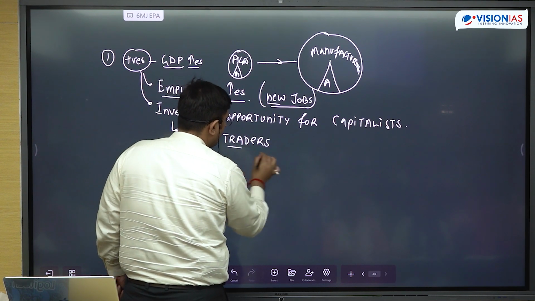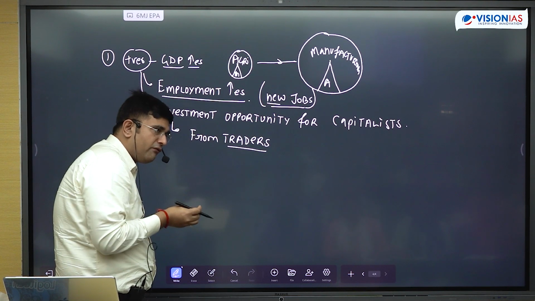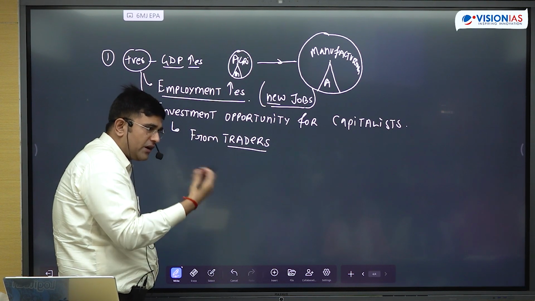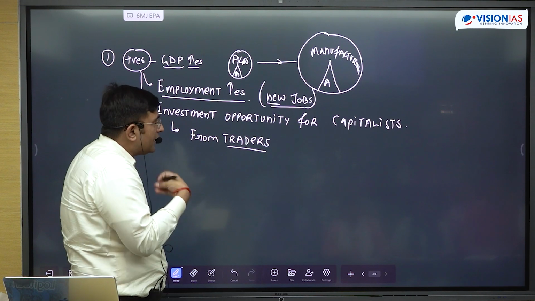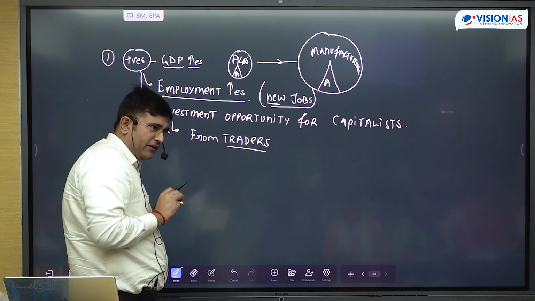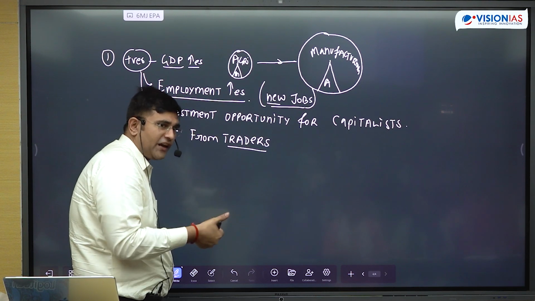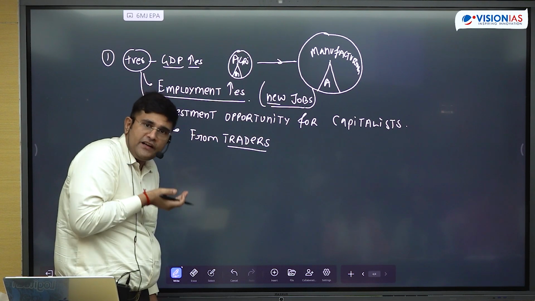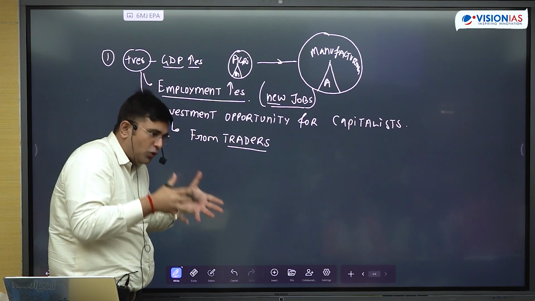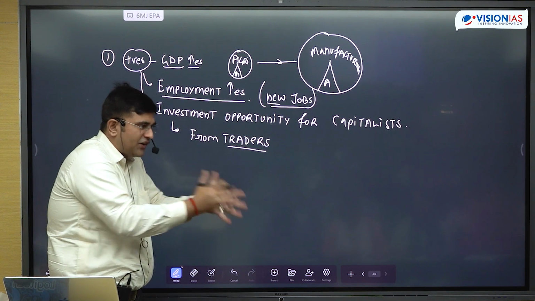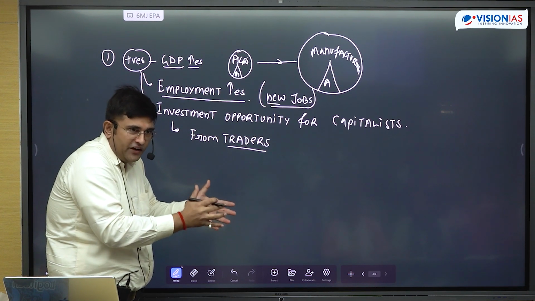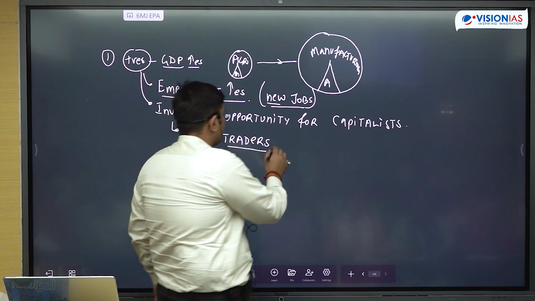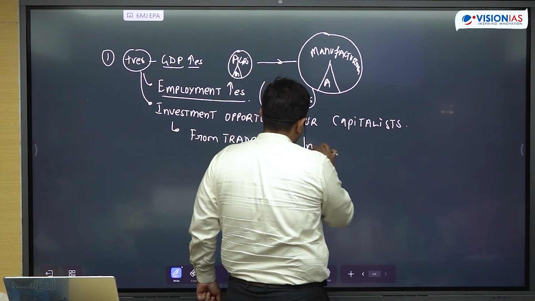Traders are capitalists, but what do they do? They purchase goods from one place and sell them at another place to earn profits. But a factory owner is a different kind of capitalist, whom you call an industrial capitalist. So in society earlier, the capitalist group was identified with traders, merchants, money lenders.